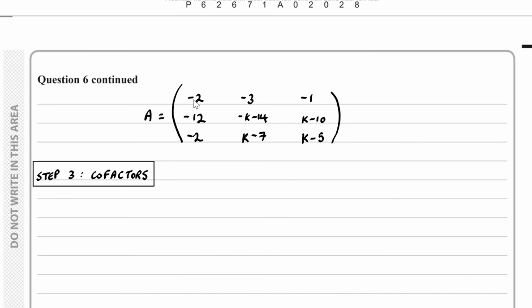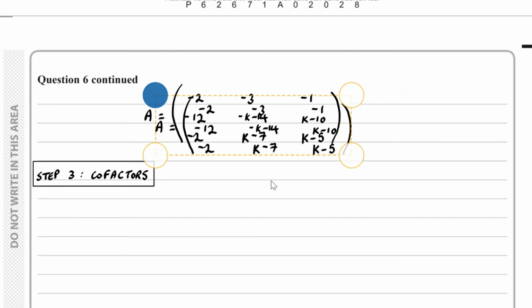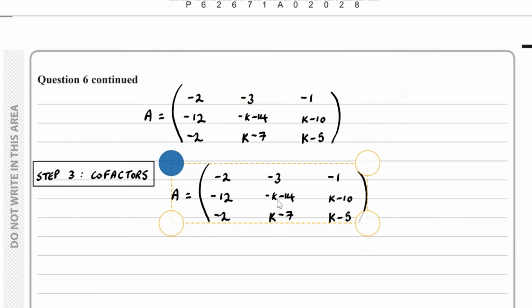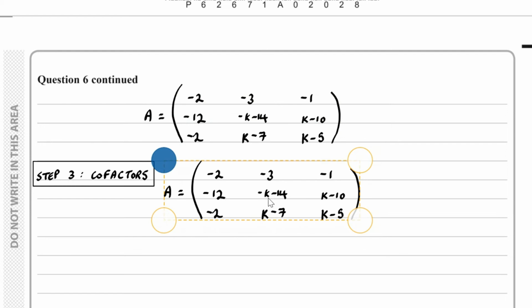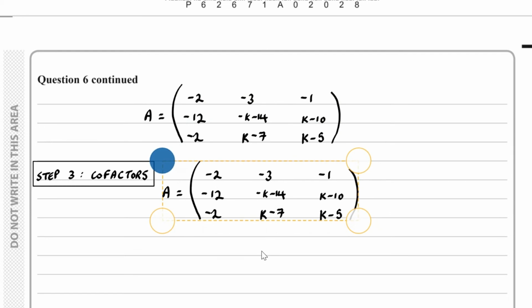So what we'll do over here is we'll copy and paste this, okay? And what we'll do as well is, let's get rid of these brackets for a second just to expand it out, give ourselves a bit more room. So we're now going to consider the table of signs.